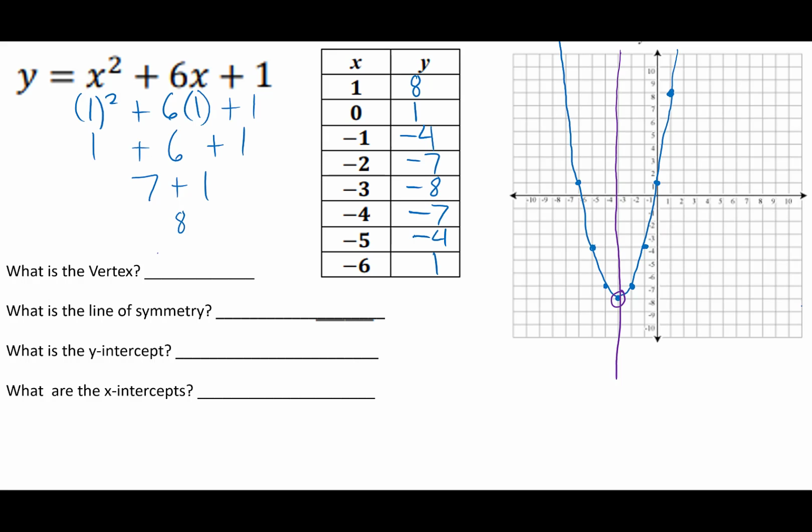Okay, so my vertex is -3, -8. My line of symmetry is x equals -3. Now I do have a y-intercept, which is right here. So y is 0, 1.